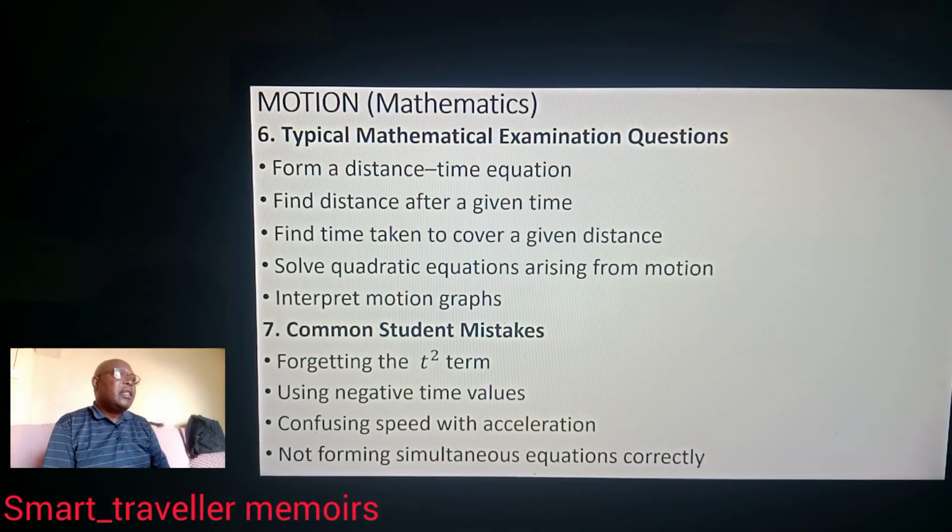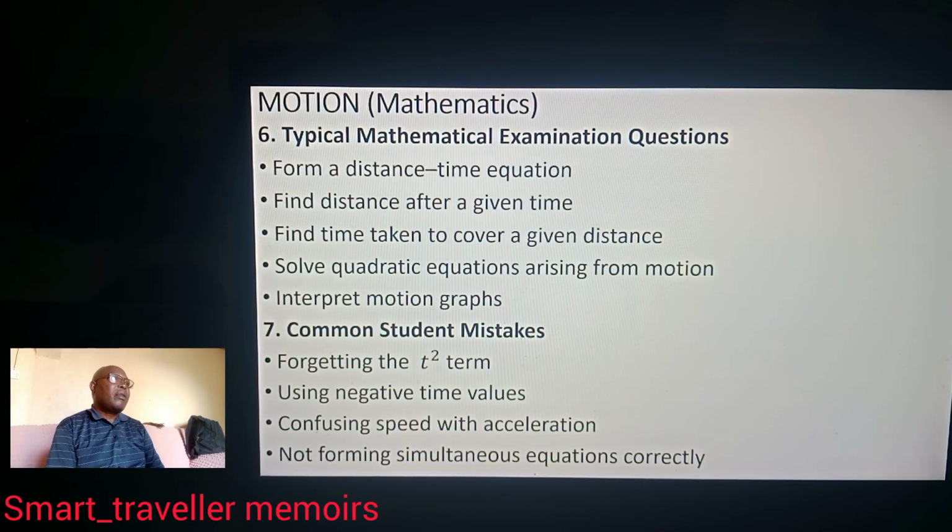Number 6, typical mathematical examination questions. The types of questions are: form a distance-time equation, find the distance after a given time, find the time taken to cover a given distance, solve quadratic equations arising from motion, interpret motion graphs.